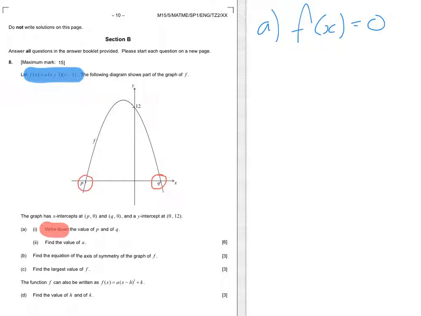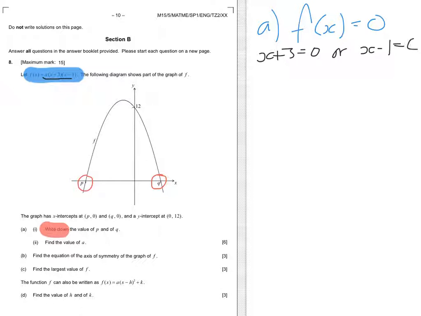If f of x is equal to 0, then that must mean that one of these two brackets is 0. Either x plus 3 is 0, or x minus 1 is 0. That's the only way that function will be 0.